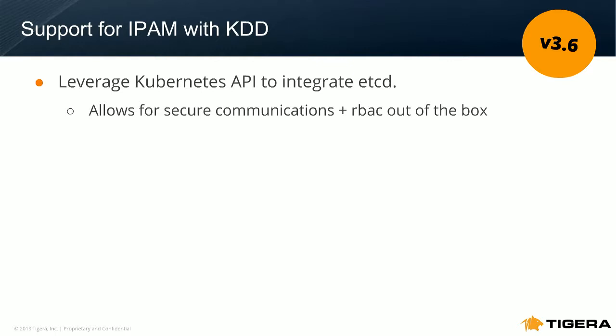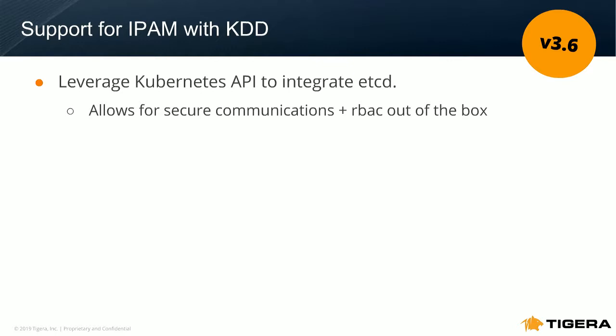Support for IPAM with KDD. Typically, we're running in Kubernetes clusters and we want to leverage the API server in order to push and pull policies into and out of etcd. Instead of having to manage your own etcd cluster or plug directly into the etcd cluster, this allows for a much cleaner installation, frankly speaking, where you can just leverage the Kube API.